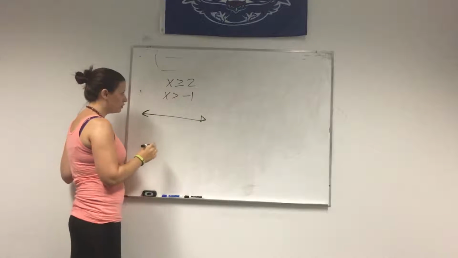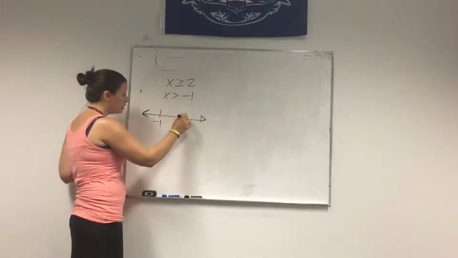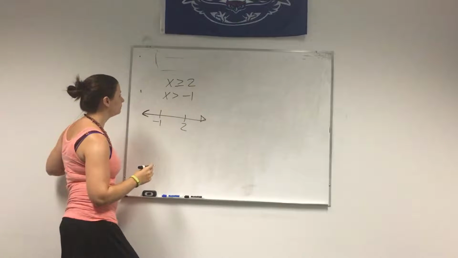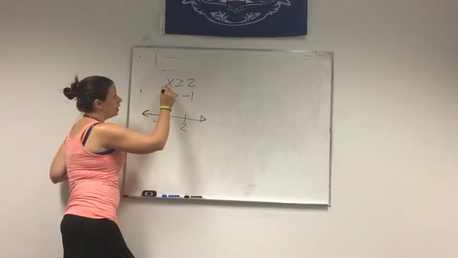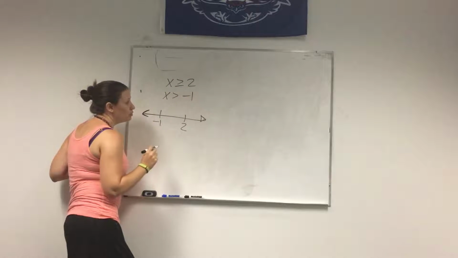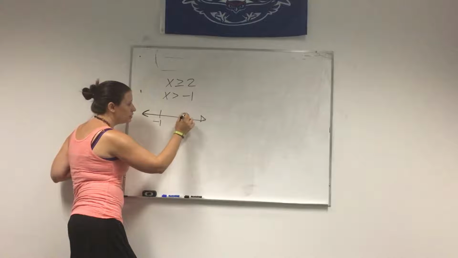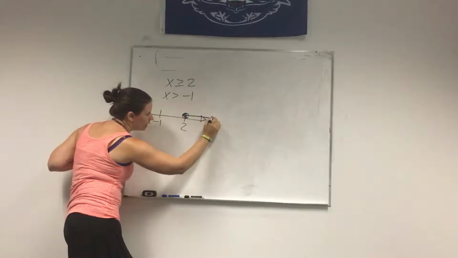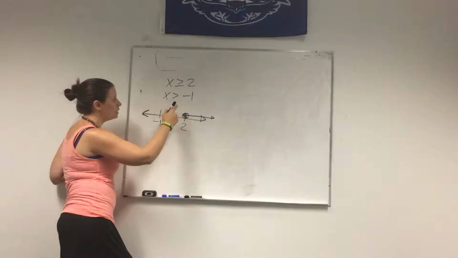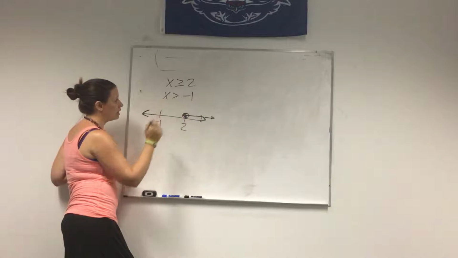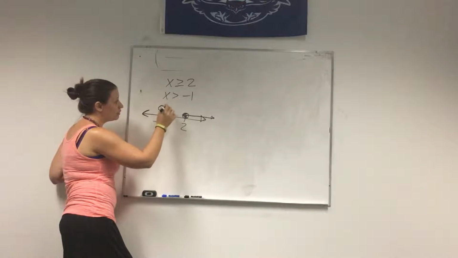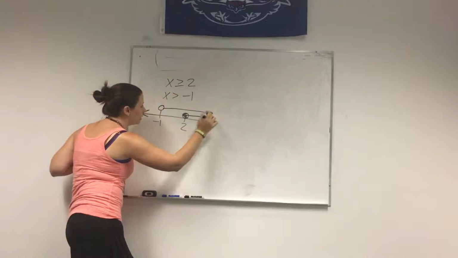It's the best way of visualizing it. We just need those numbers and then to draw in the correct directions. So x is greater than or equal to 2. That means we have a filled in circle at 2 and then greater than, so to the right. Second one is x is greater than -1, so just an open circle, greater than, so again to the right.